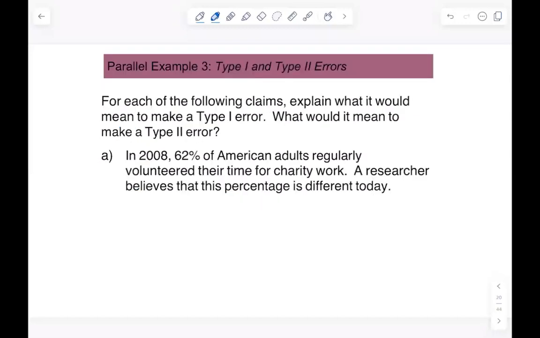Okay, so let's talk about what a type 1 and type 2 error would look like. These get really confusing. Their wording is not great. So I'm going to do the best that I can to help you here. So this is the volunteer time. 62% of Americans regularly volunteer their time for charity work, and a researcher believes that this percentage is different today.